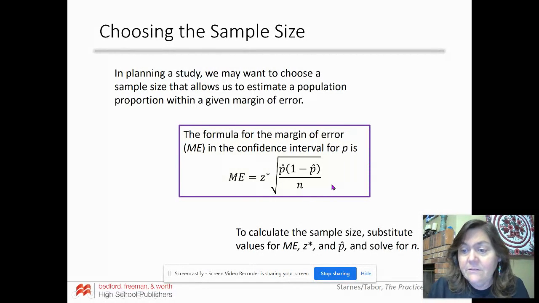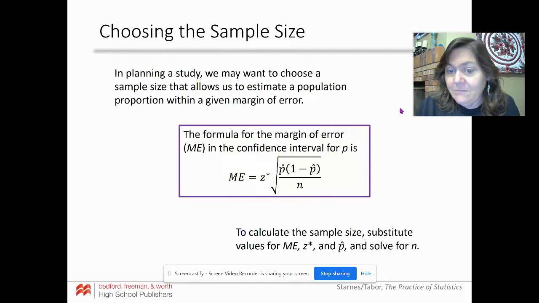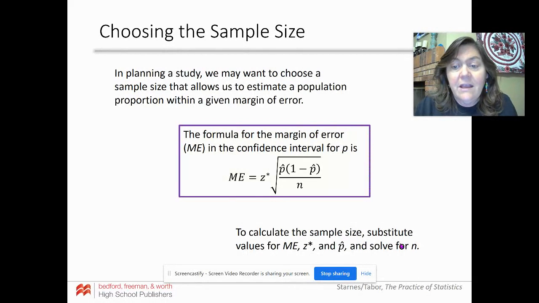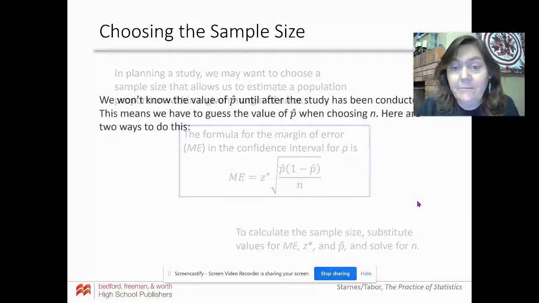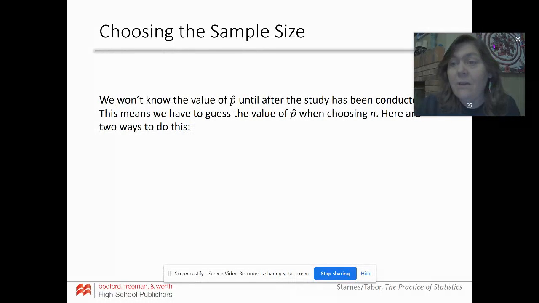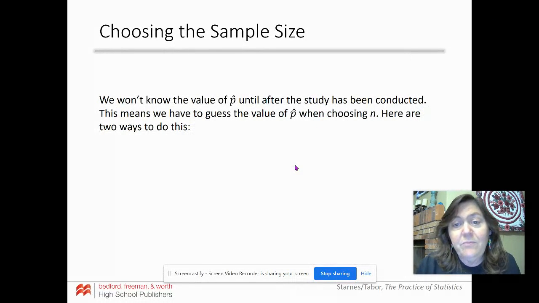We're going to talk about what if we don't know p-hat soon. So we're going to calculate by substituting in for ME, z star, p-hat, and then solve that equation for n. Now, we won't know the value of p-hat until after the study has been conducted.